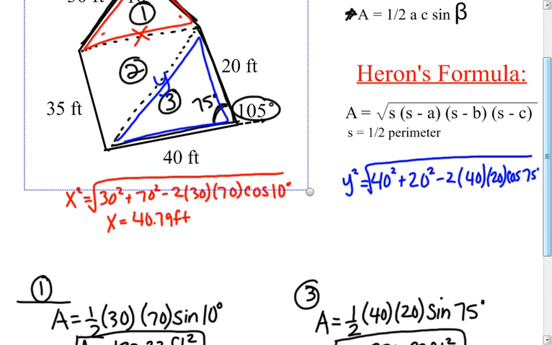Again, you'll take the square root when you put that into your calculator, and y should come out to be, when you punch that all in, 39.82. All right, so now I've got some distances, which is good. I'm going to label them up here: 39.82 and 40.79.